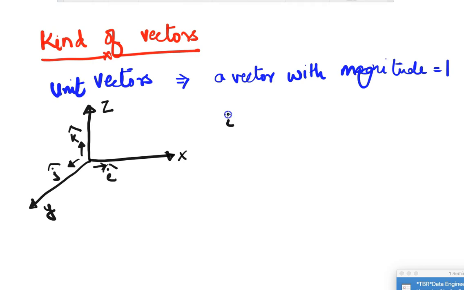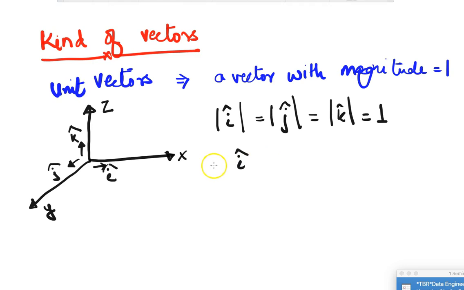So i hat magnitude equals j hat magnitude equals k hat magnitude equals 1. However, i hat direction is not equal to j hat direction, which is not equal to k hat direction, which means that i, j and k are equal in magnitude, but they are not equal vectors.